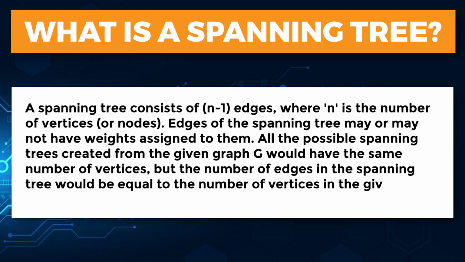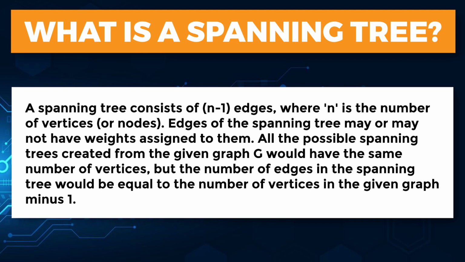So, a spanning tree consists of n minus 1 edges. Suppose we have 3 vertices, so definitely n is equal to 3. So, the minimum number of edges we require is n minus 1, that is 3 minus 1, which is 2. Suppose we have 3 vertices A, B and C, so 3 stations over there, and we have to connect all the 3 vertices by 2 edges only.